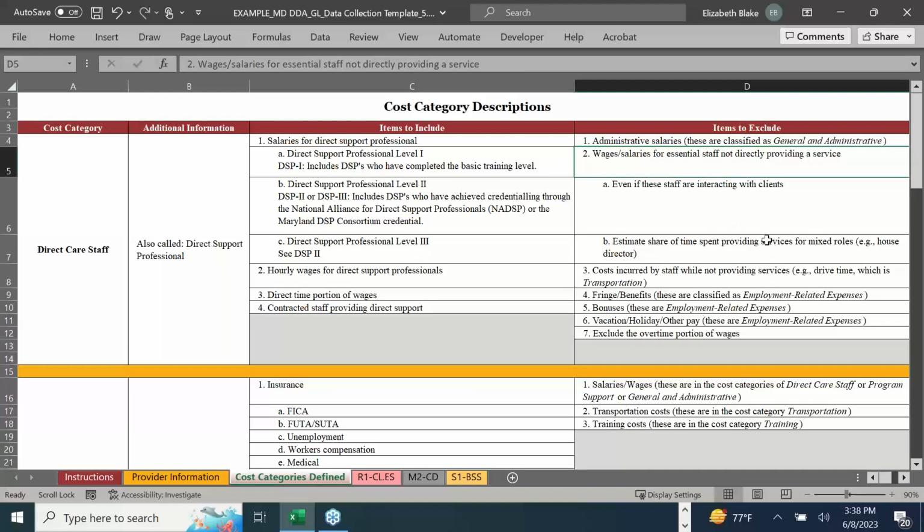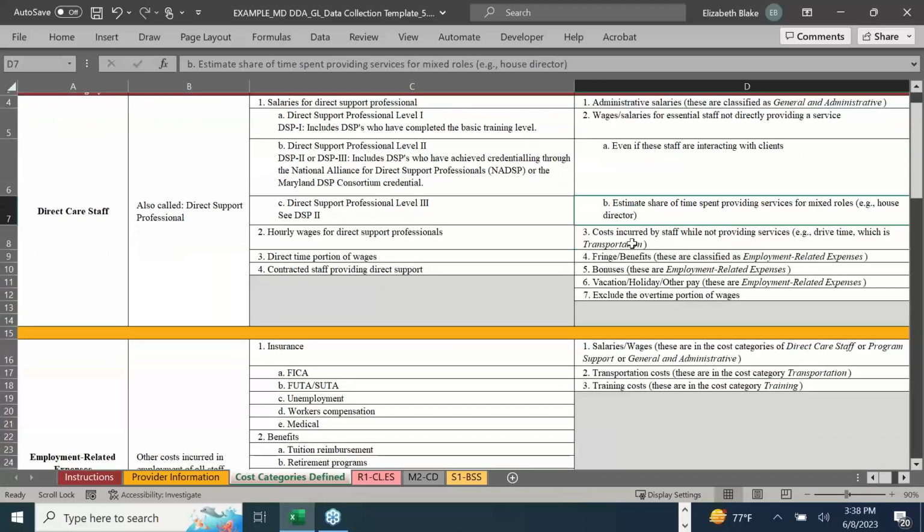For direct care staff, you won't be including any wages or salaries for essential staff that are not directly providing a service. Even if these staff are still interacting with clients, if they're not directly providing a service, they don't go here. We're also going to include the estimated share of time spent providing services for mixed roles.